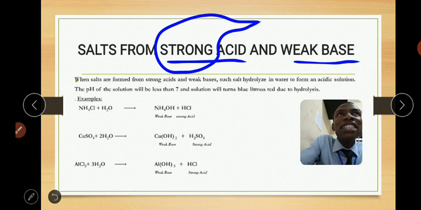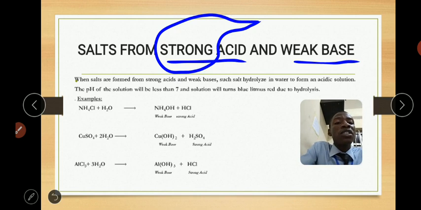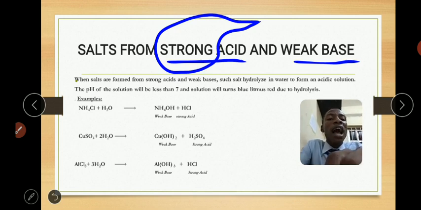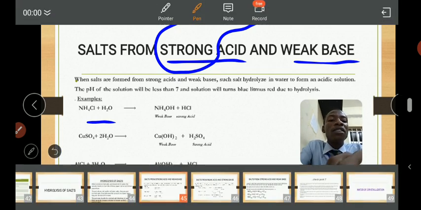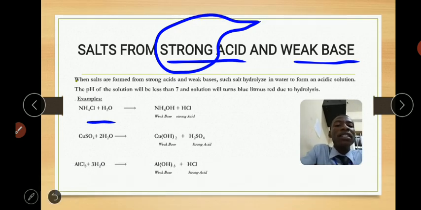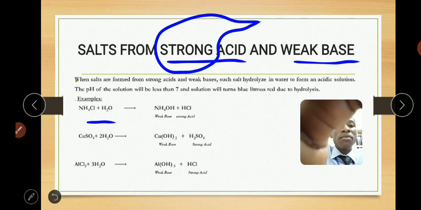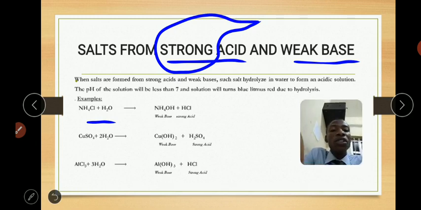That is, they change the color of blue litmus paper to red. Examples of such salts are ammonium chloride, copper sulfate, aluminum chloride, and a host of them like that. Very plenty of those salts.